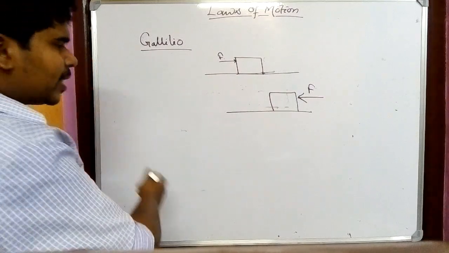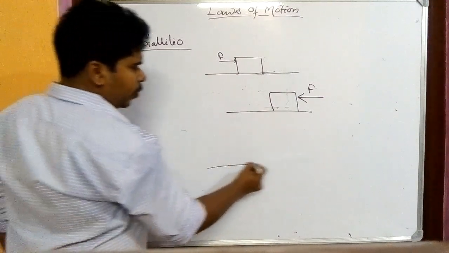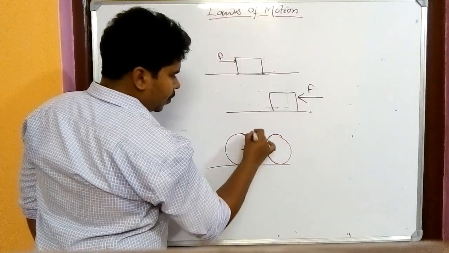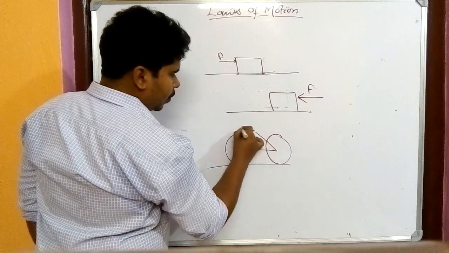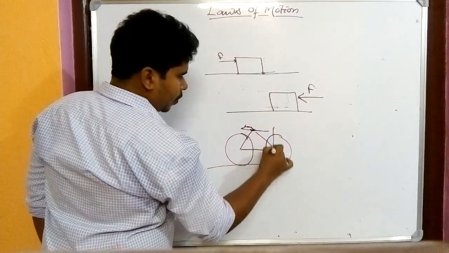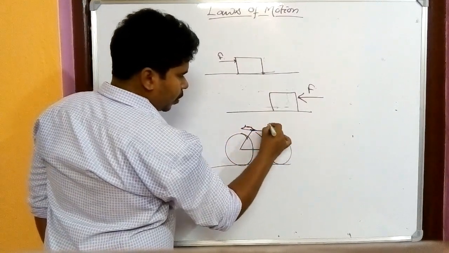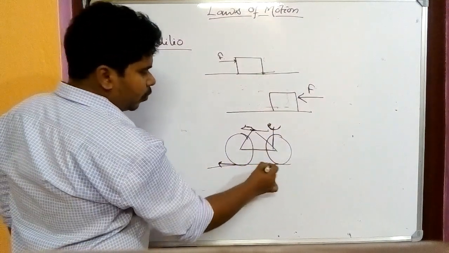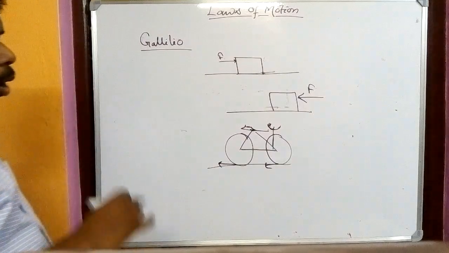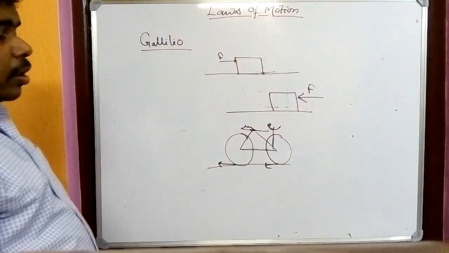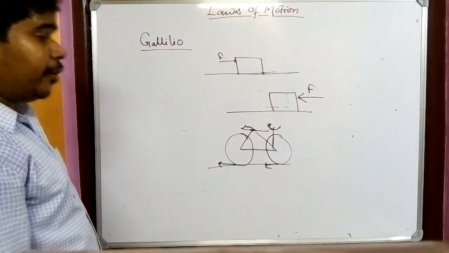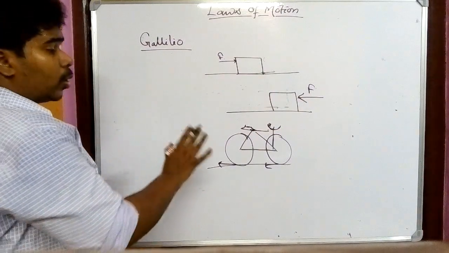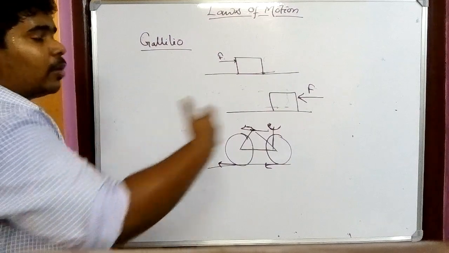When the cycle is moving, a frictional force is acting on the wheel, which opposes the motion of the cycle. If the frictional force did not act, then it would cover much more distance.